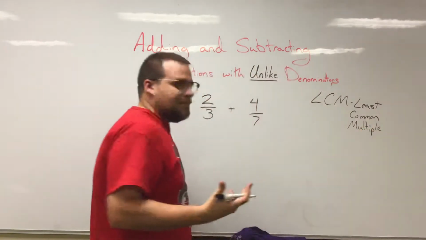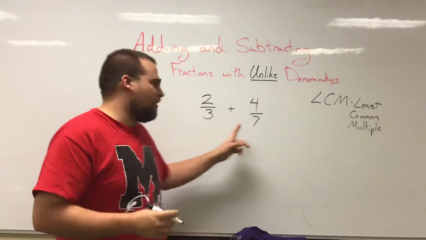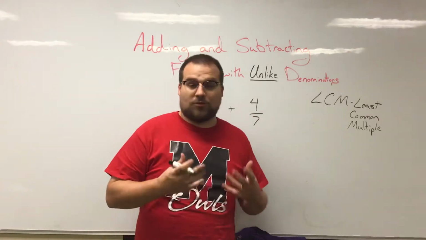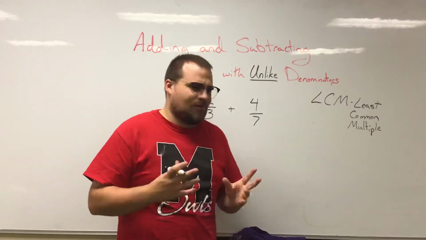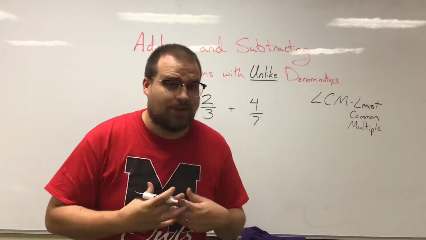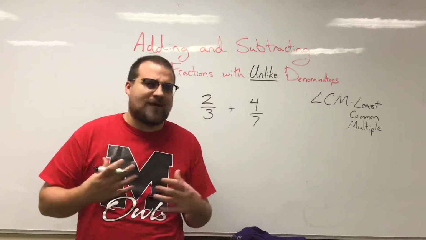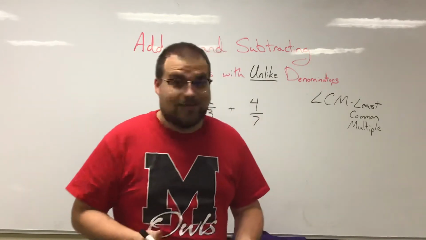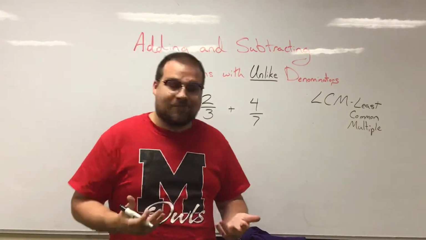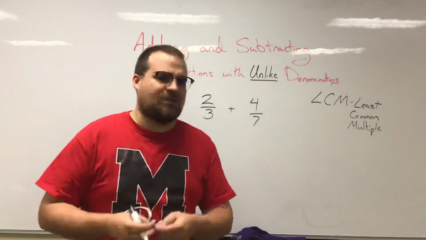Now, as an idea, that means the smallest number that both of these denominators are factors of. Now, I'm going to be honest, even being a math teacher myself, trying to come up with a number that both of those are factors of that's smaller than anything else is kind of head spinning, right? It can be tough, especially when we get some larger numbers. It's difficult to think about.